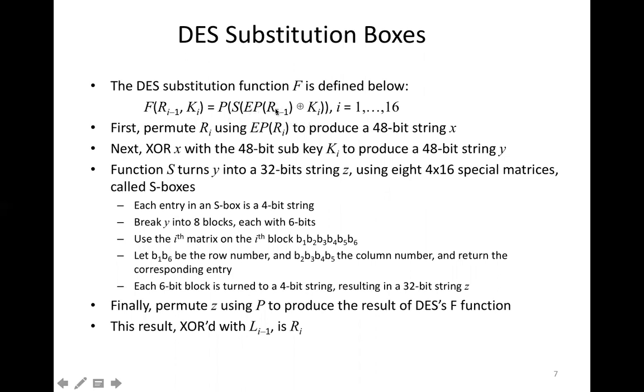For the second half of the input to the previous round, that's R sub I minus 1, it applies a permutation.